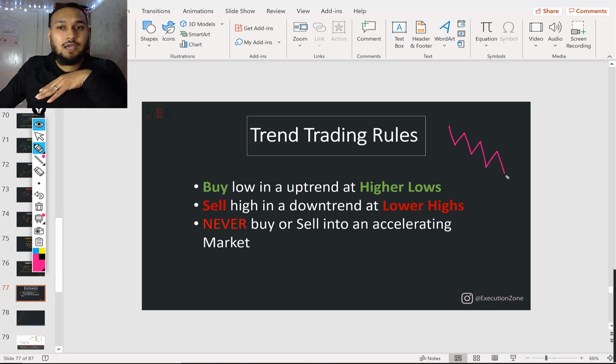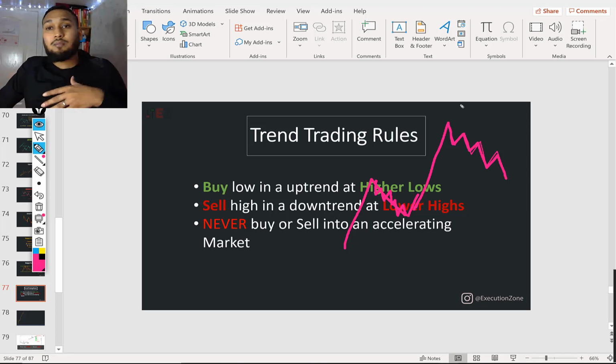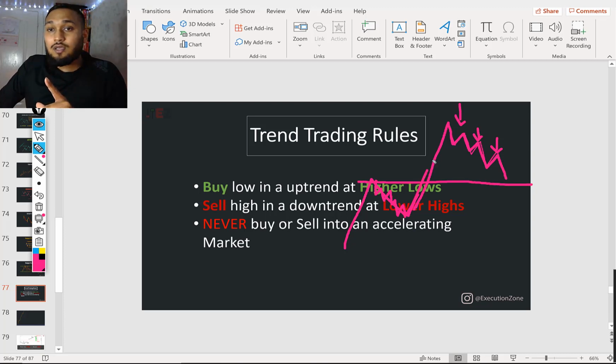You don't want to buy into a downtrend unless price has been moving upwards, making higher highs, and now we're trending downwards into a higher low in the macro picture. In the micro picture we've gone up and we're oscillating down.